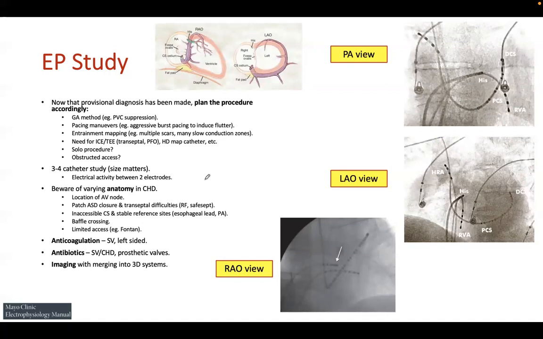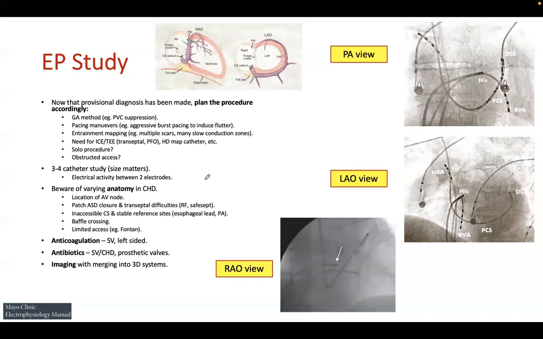But if it's an SVT case, I may not need to, and risk inducing AFib and then shocking the patient, and then maybe ruining the map that we already did. So knowing the previous diagnosis is very helpful. If you don't know whether it's flutter or SVT, you might not be aggressive in pacing, and then you may never induce the clinical tachycardia that the patient had, and then you might miss the case.